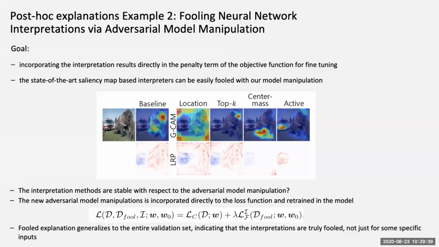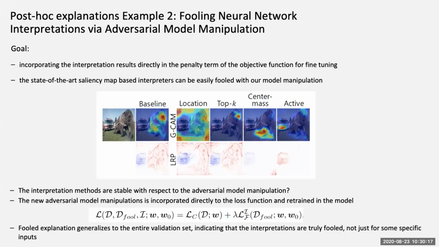And then the model is trying to basically learn this loss function where it is trying to see whether it can learn the new parameter W naught from the original parameter W given the new full dataset D full. So the idea is that in this new perturbed dataset D full, based on any of these four algorithms, it can mask off the most important features, and therefore we can see whether an interpretable algorithm can be fooled easily.